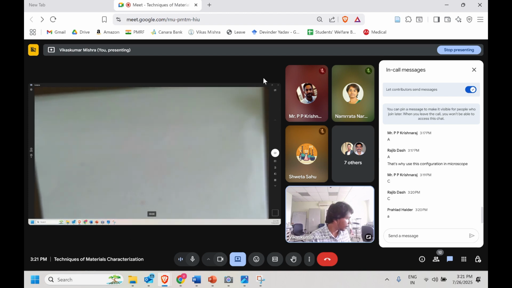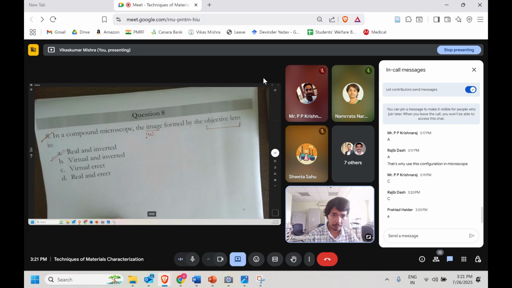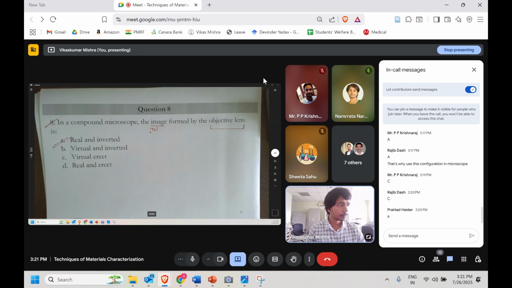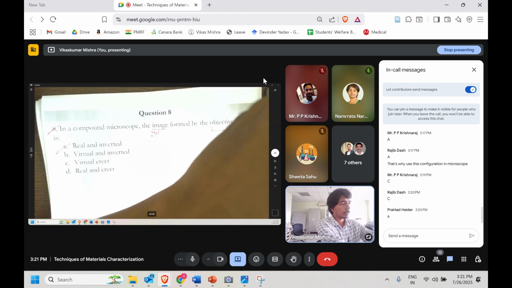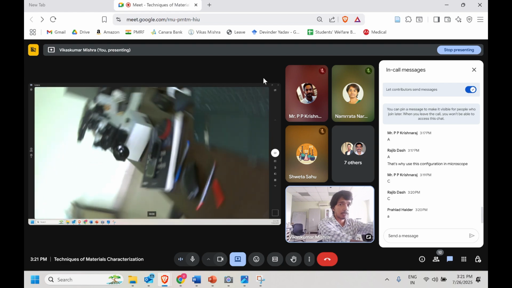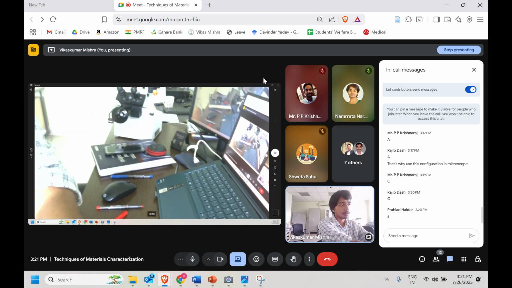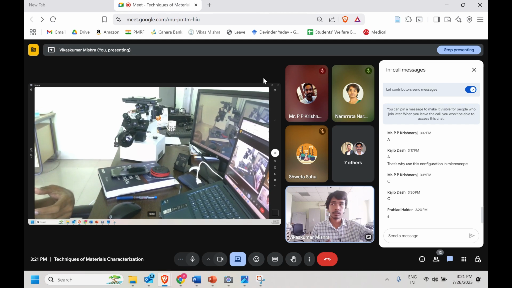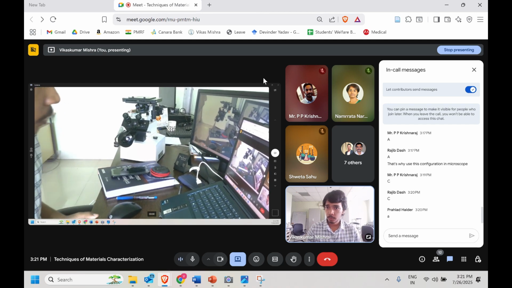Since we are talking about the optical microscope, let's have a look at the optical microscope which I have. Let me see whether I'll be able to focus it or not. Yeah, it's nice.